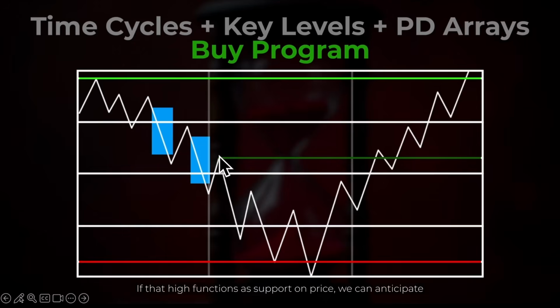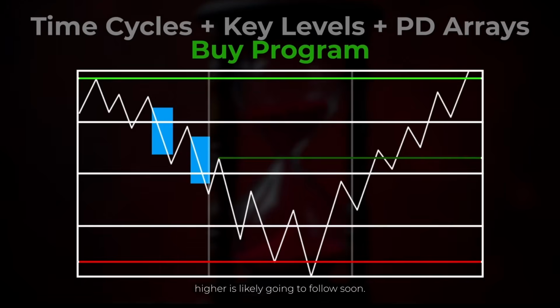If that high functions as support on price, we can anticipate that further continuation higher is likely going to follow soon. Meaning the moment that the market expands higher like this, and it displaces above this CB, this blue shaded box, we must say to ourselves, okay, we're now in a continuation profile for this third cycle.